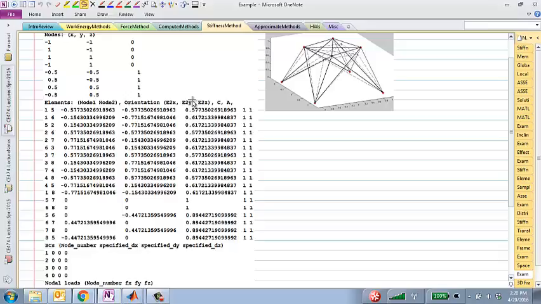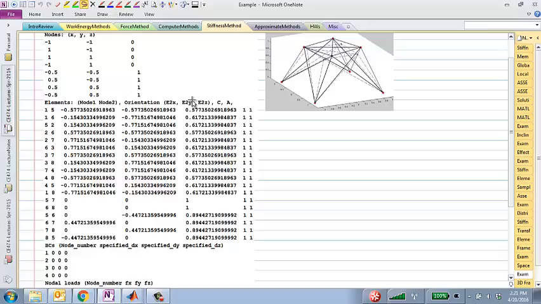Not for truss problems, but for beam problems, it becomes important. For the truss problems, it's needed because you need to be able to calculate all those transformation coefficients. You have local x prime, y prime, z prime. You need to be able to take the components and do the cosines of all those things. So that's why it's needed.